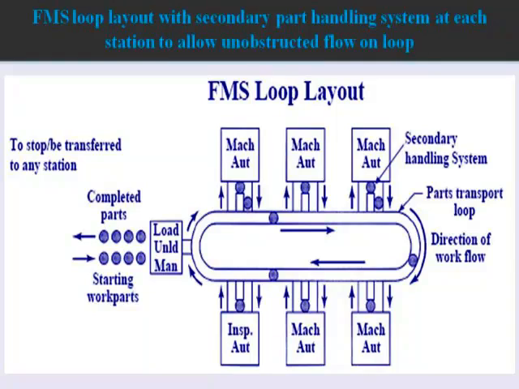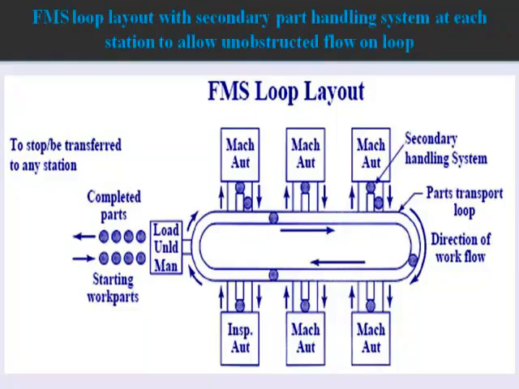This is an FMS ladder type layout where several loops exist within the layout, and the material transfers asynchronously. Asynchronous means not necessarily in a sequential manner, not from one machine to the next; the parts can be moved to machine 1 or machine 5 or any machine at any time.